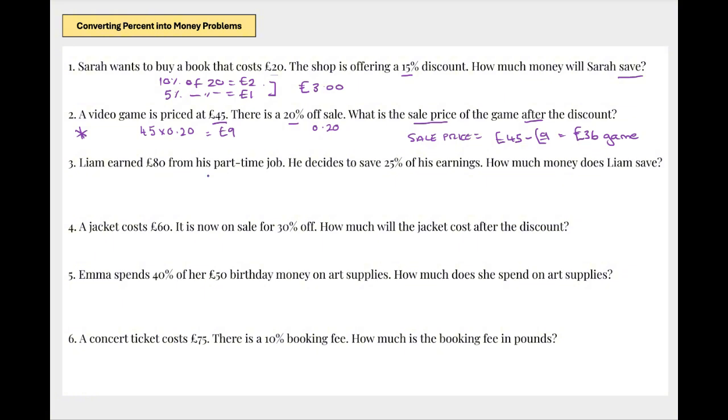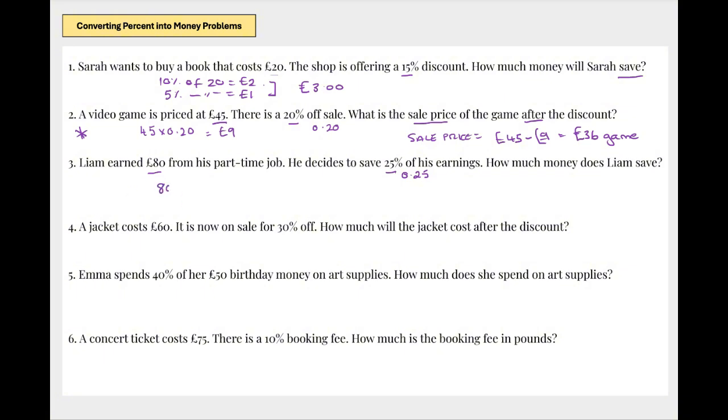Liam earned £80 from his part-time job. He decides to save 20% of his earnings. How much money does Liam save? So what I'm going to do now is convert it to a decimal again. So it's going to be 0.25. And I'm going to multiply it by 80.